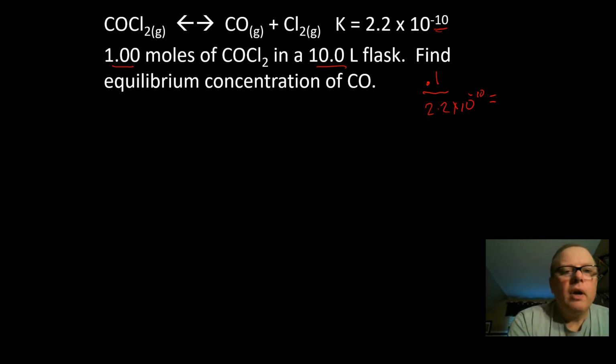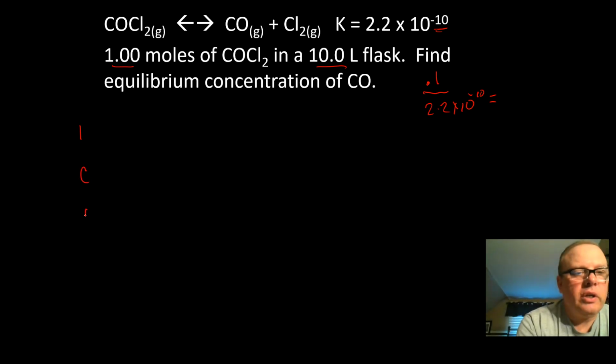Okay, let's set up an ICE chart on this reaction. The reaction is balanced, and our ICE chart, initial, change, and then equilibrium. We've got the phosgene, COCl2, the carbon monoxide, and then the chlorine gas. The initial on this is the 0.10 molarity, and it's going to be a minus X situation.